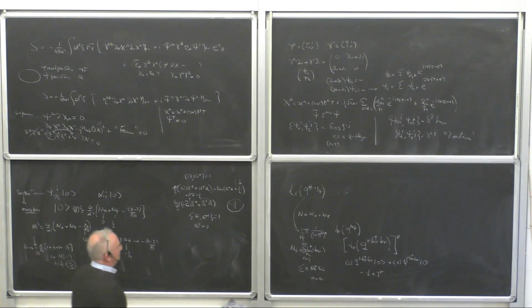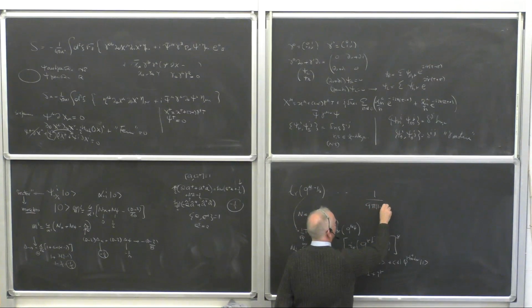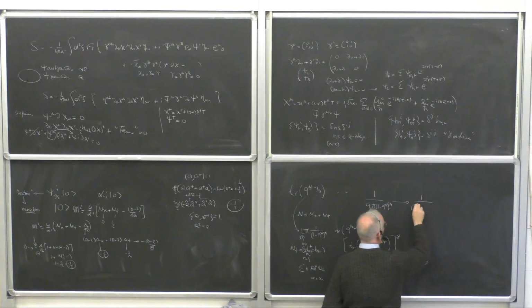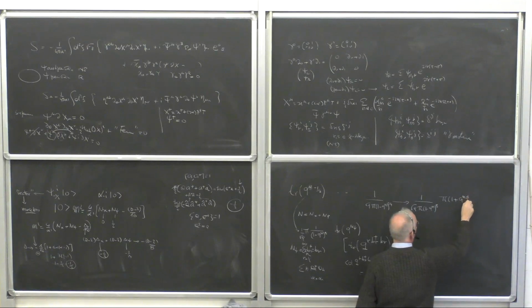And so the expression that we had in the bosonic case, which was 1 over q, product of 1 minus q to the n, to the 24th, is replaced by 1 over square root of q, product of 1 minus q to the n to the 8, and then we have the product of 1 plus q to the n minus 1/2, let me write it like this, to the 8, n from 1 to infinity.